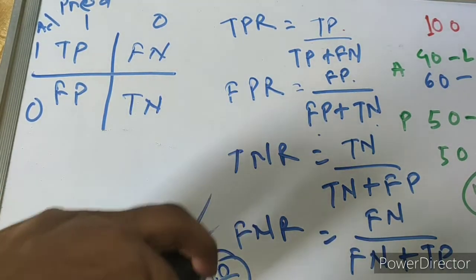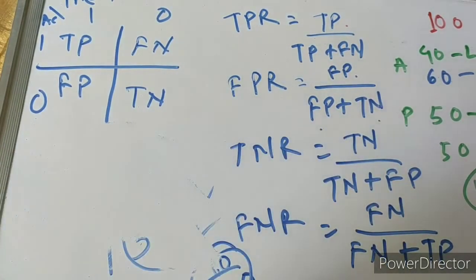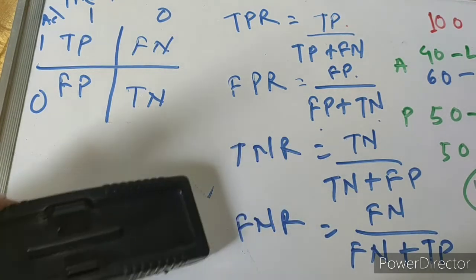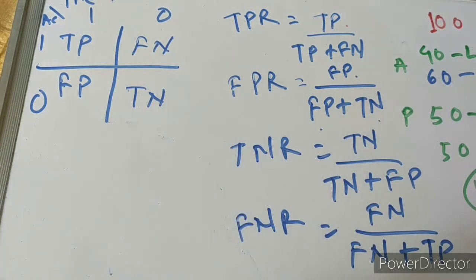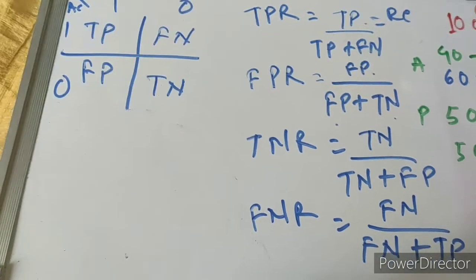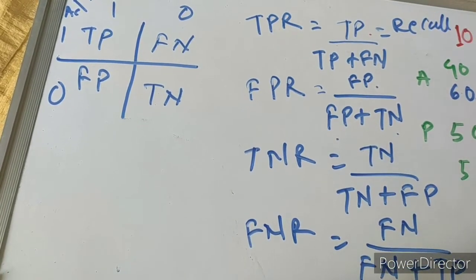Let me clarify two more things here. True positive rate is known as recall. I have already explained in a previous video. This true positive rate is known as recall.